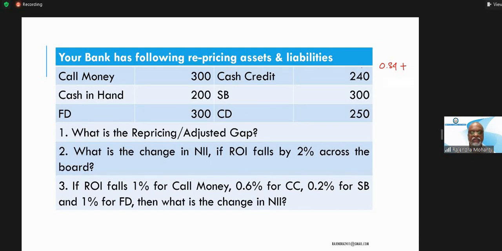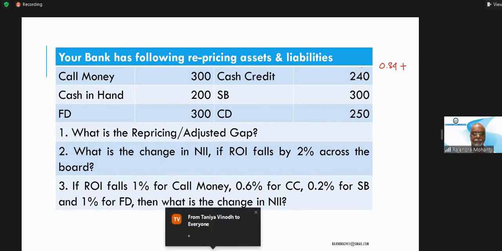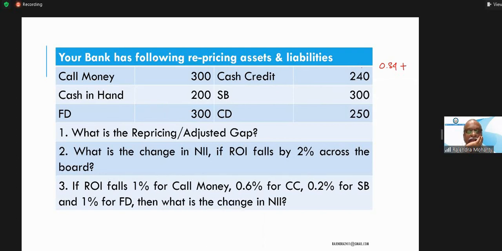Plus or minus, increase NII or decrease NII? Increase, okay. Tanya is also supporting Sangeeta. Shilpa also increase. So all the ladies are saying increase. Okay, let us find whether this is an increase or decrease.